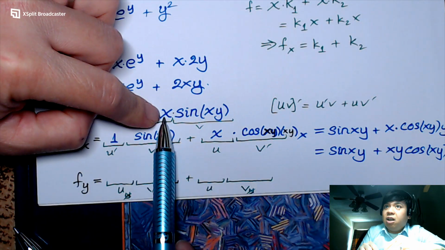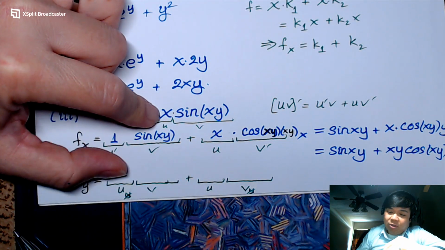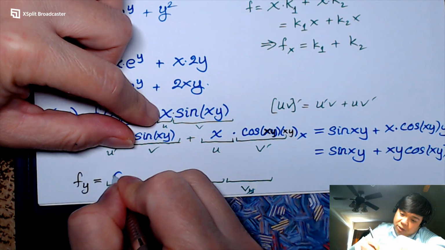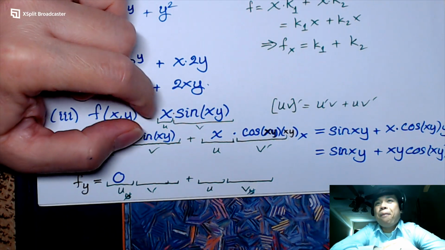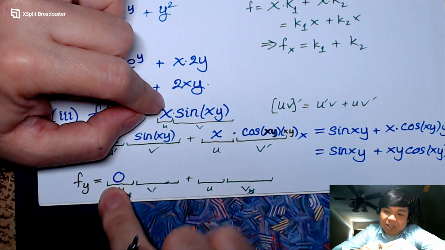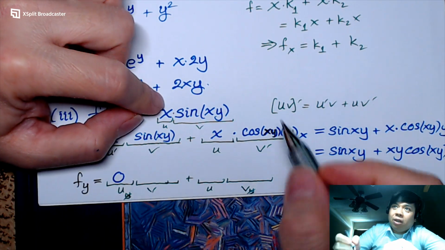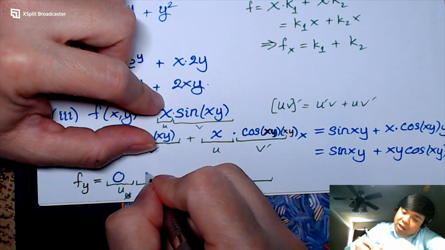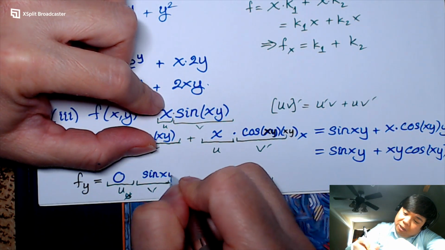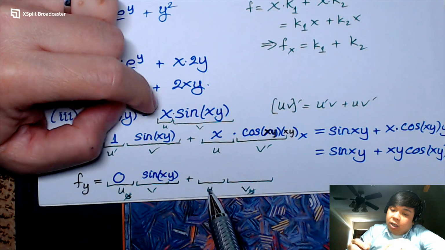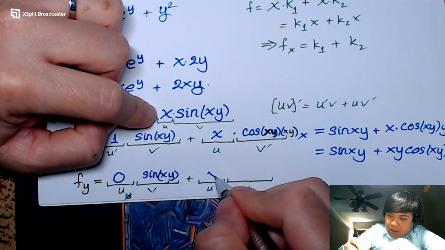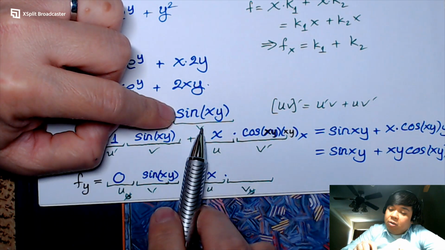Derivative of x, a constant with respect to y. Derivative of a constant is 0, right? With respect to y, it is 0. And then we have v, sine of xy. And then u being x. Derivative of this with respect to y.